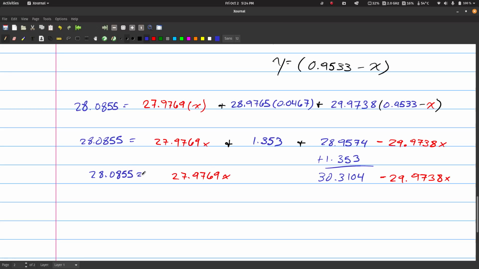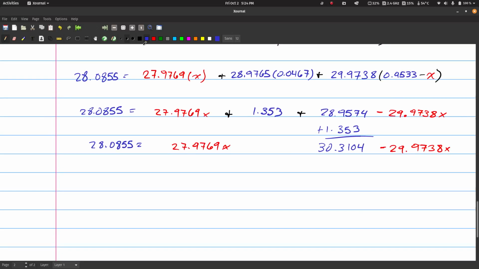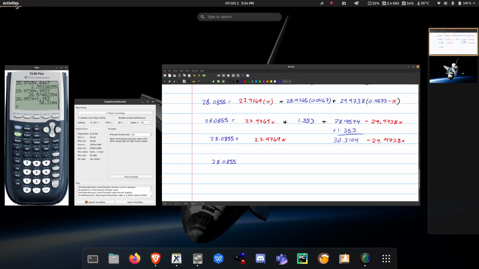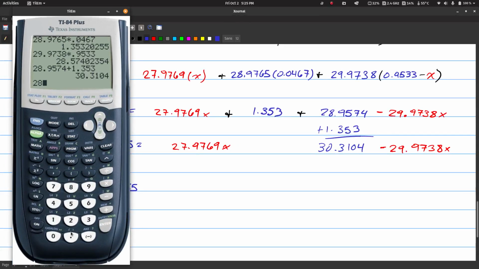So this is what this equals. We have to combine like terms again. Essentially we're subtracting this number from this side of the equation over to here. So we have 28.0855. Did I give you 28.9? I probably put the wrong number in there.